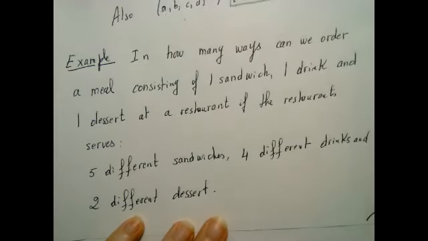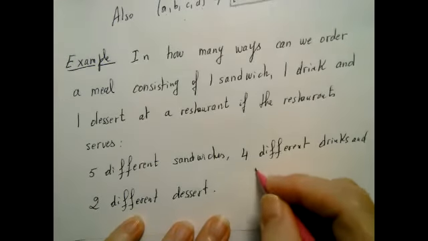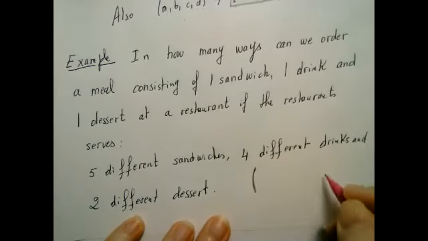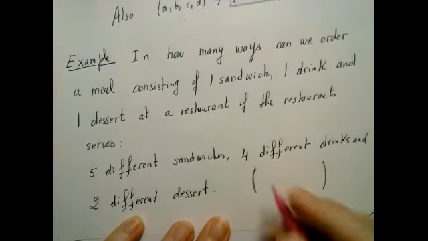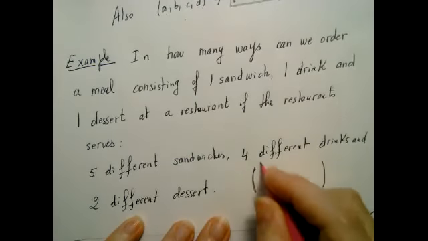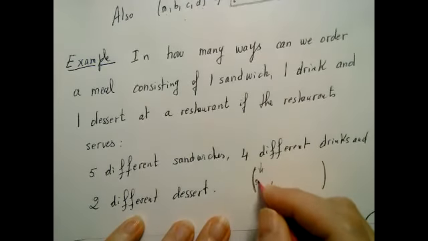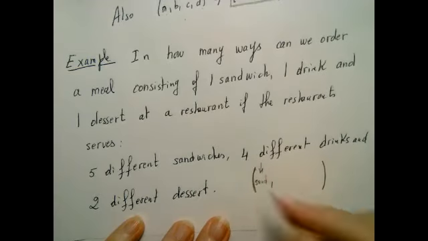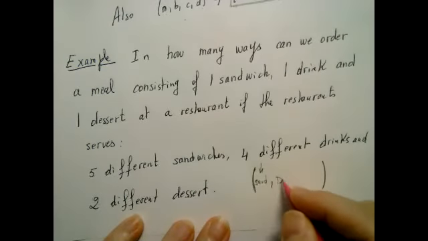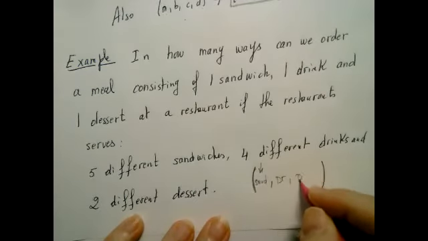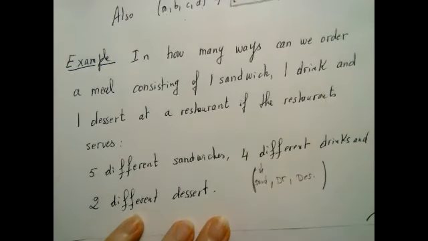So immediately I'm having answers. I can think of my choice as a list very easily. The first object is the sandwich, the second object is the drink, and the third object is the dessert. The question is, in how many ways?